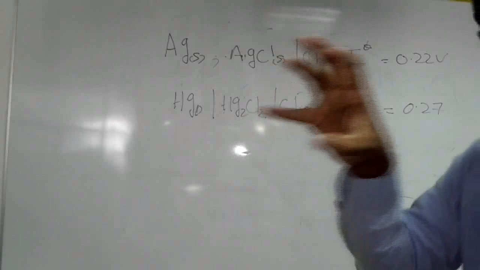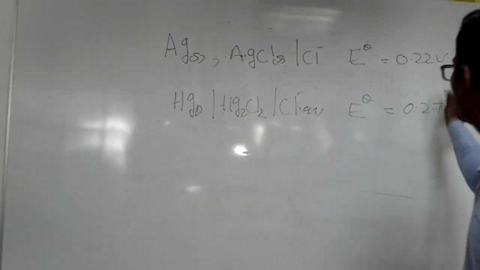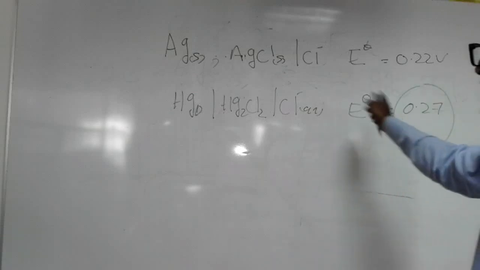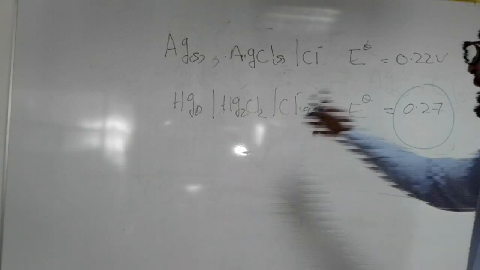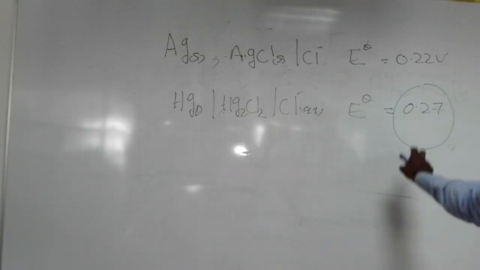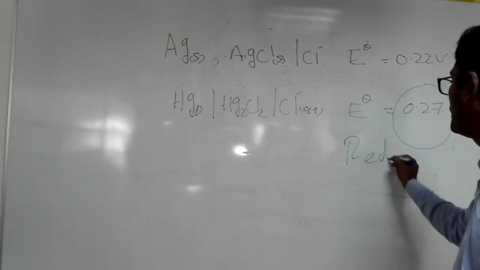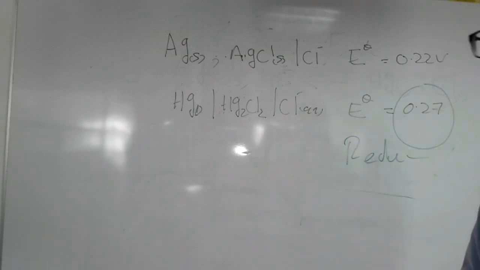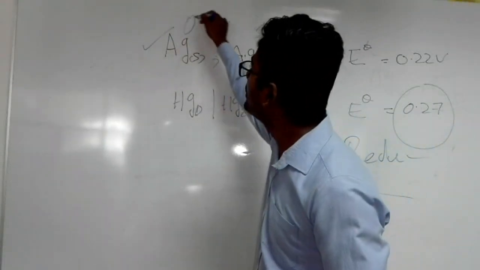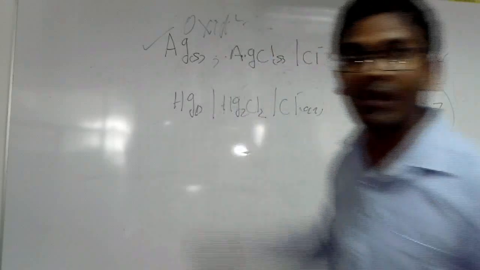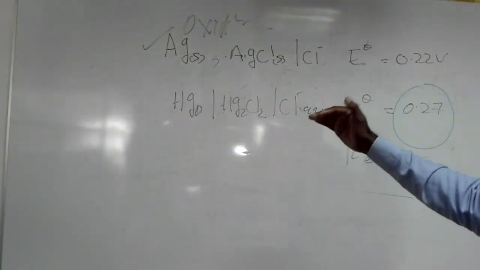The most positive electrode potential is 0.27, the calomel or mercury chloride electrode, the highest electrode potential, so this is the reducing part, and the first one is the oxidizing part.